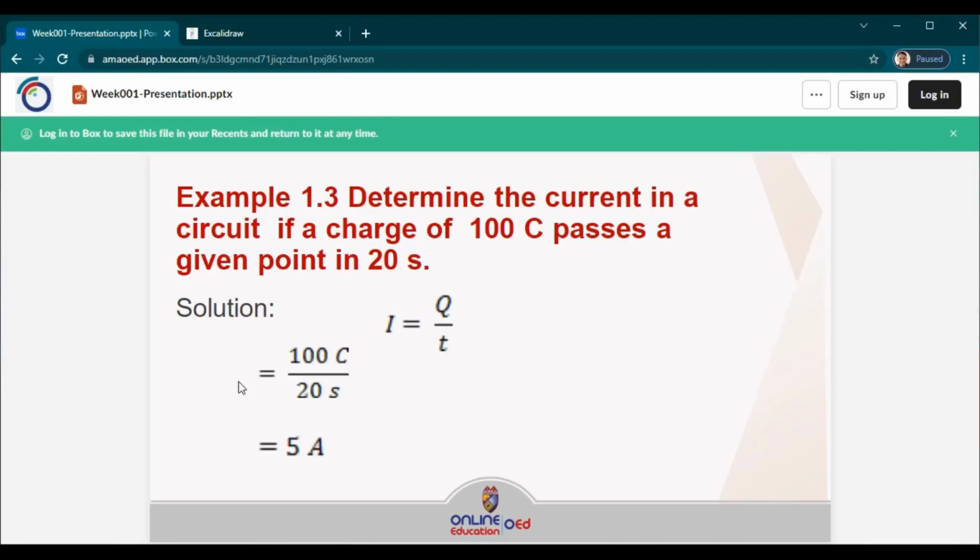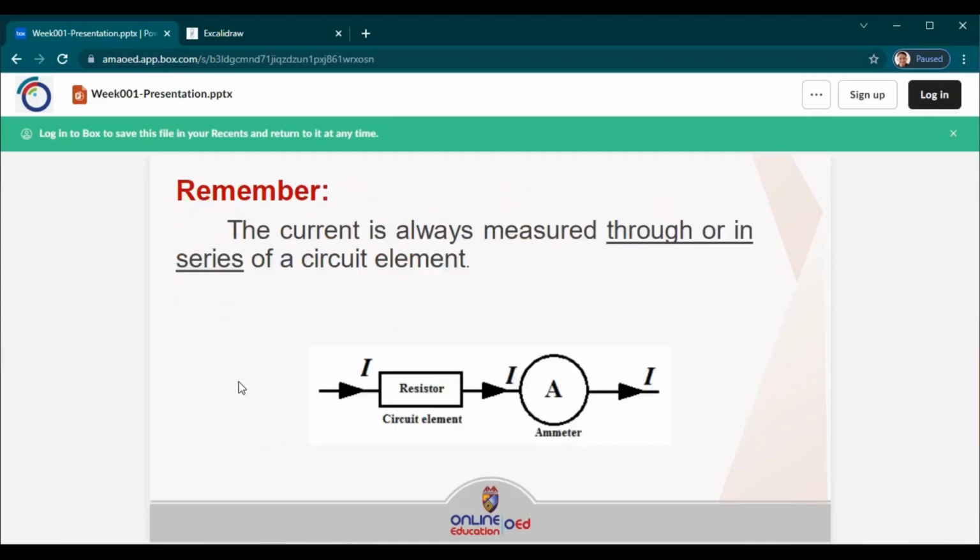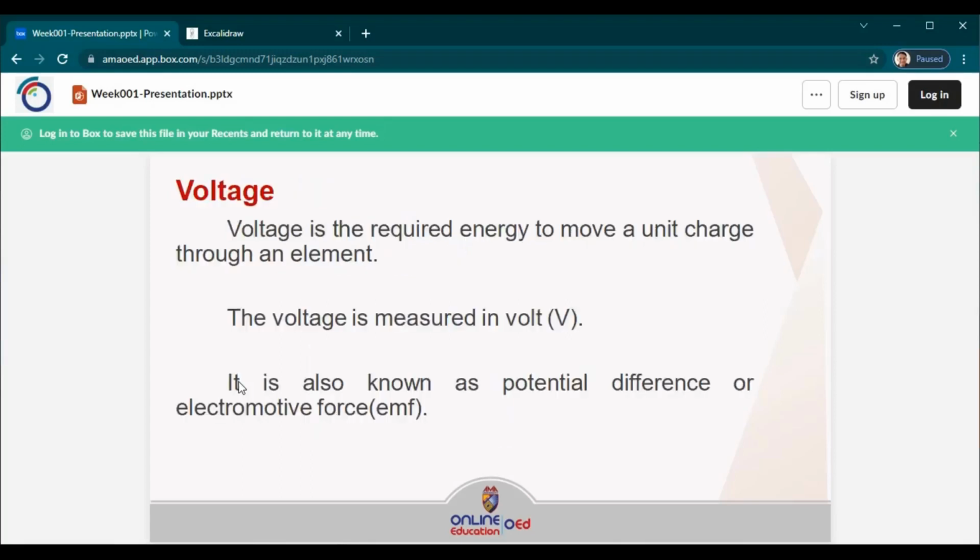So 100 coulombs over 20 seconds is equal to 5 amperes. Next, remember, the current is always measured through, or in series with, a circuit element. This will be reiterated more in our laboratory activities, so don't worry about that for now.